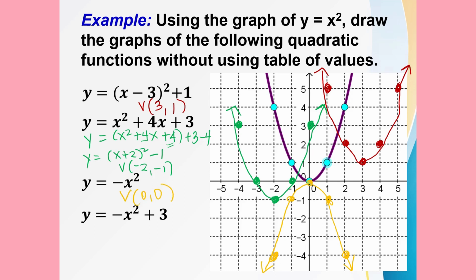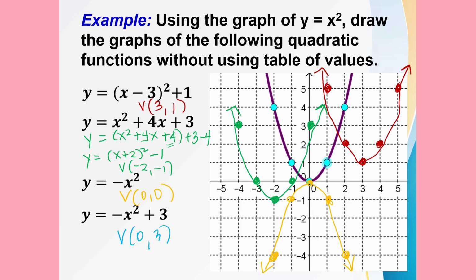Next, the fourth one is the vertex is at (0, 3). Kasi wala po itong value ng h. Ang form po nito ay y equals ax squared plus k lang. But, yung mapapansin po natin, negative x squared. So, ang i-move natin na graph ay ito pong graph ng y equals negative x squared kasi pareha silang downward.